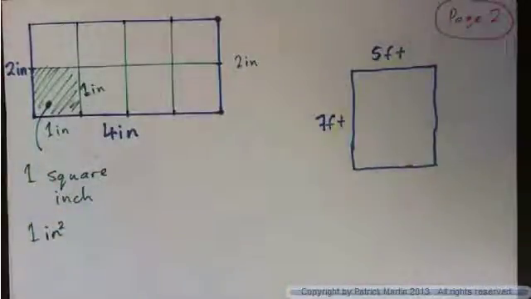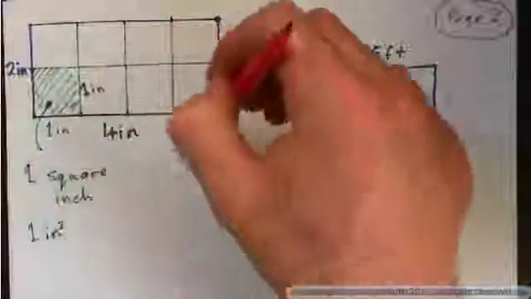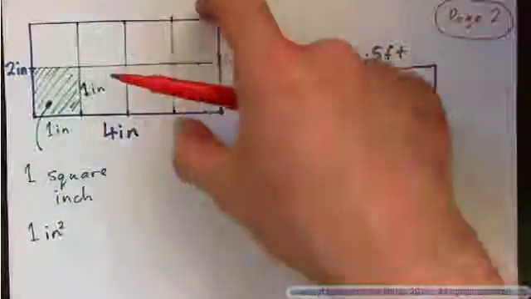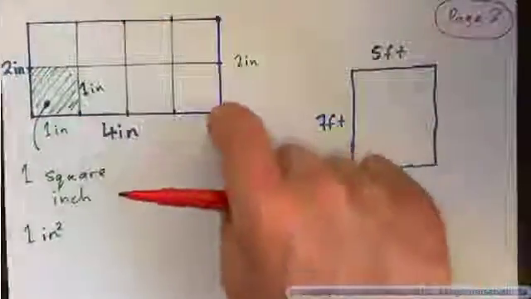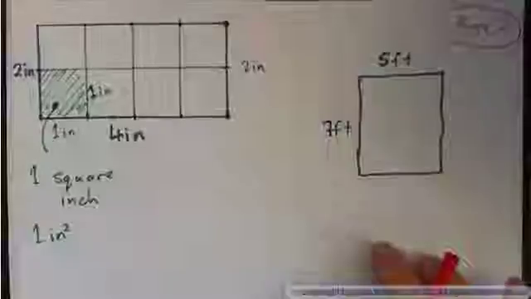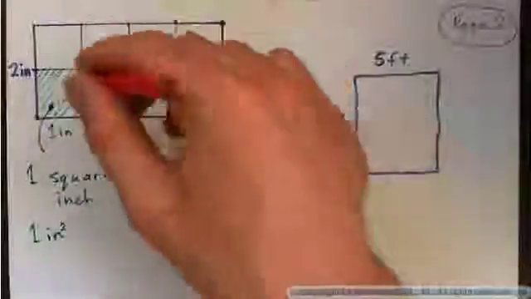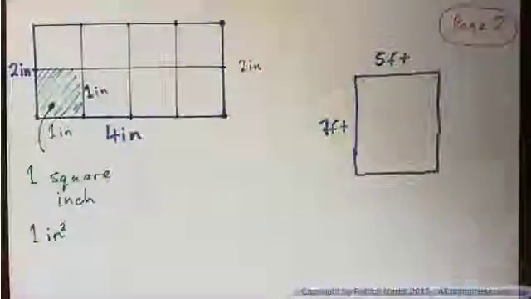Okay. How many square inches does this rectangle take up? This could be, say, a little small bathroom tile, but how many square inches are needed to cover this tile? How many square inches is it made up of? Well, it's made up of 1, 2, 3, 4, 5, 6, 7, 8 square inches, right?